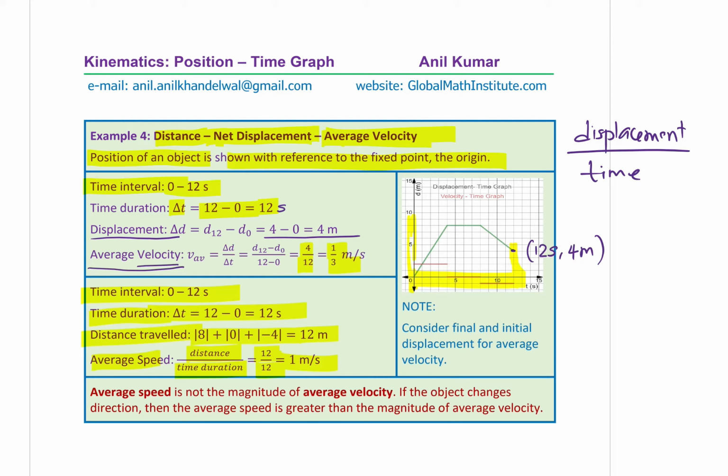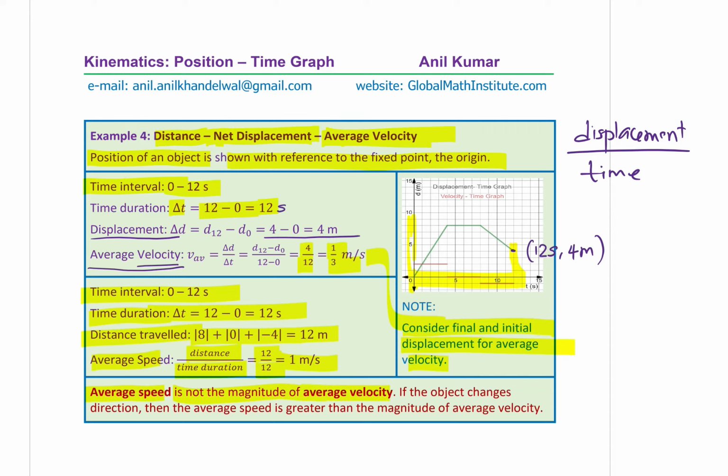You get the idea. So in this case, the speed is much more than the velocity, mainly because there's a change in direction. So consider final and initial displacement for average velocity. That is what we did here in this first case. And average speed is not the magnitude of average velocity.